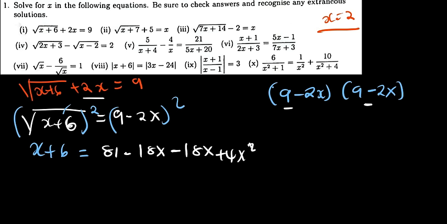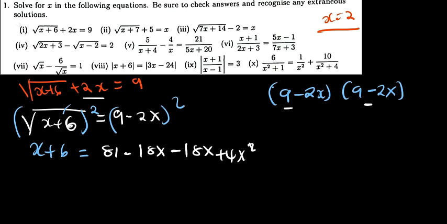Now since I've got x squared and another term which is just x and a number without x, definitely that is a quadratic equation, meaning I can shift everything to the other side so that I remain with 0.